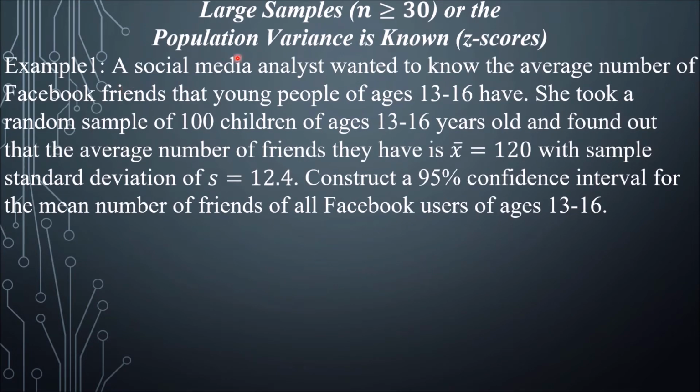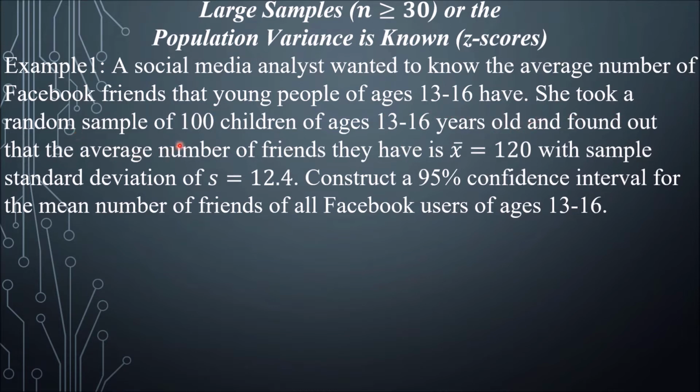Example number 1. This is an example about large samples, n is greater than or equal to 30, or the population variance is known. So here we will be using z-scores if we use manual computations. A social media analyst wanted to know the average number of Facebook friends that young people of ages 13 to 16 have.